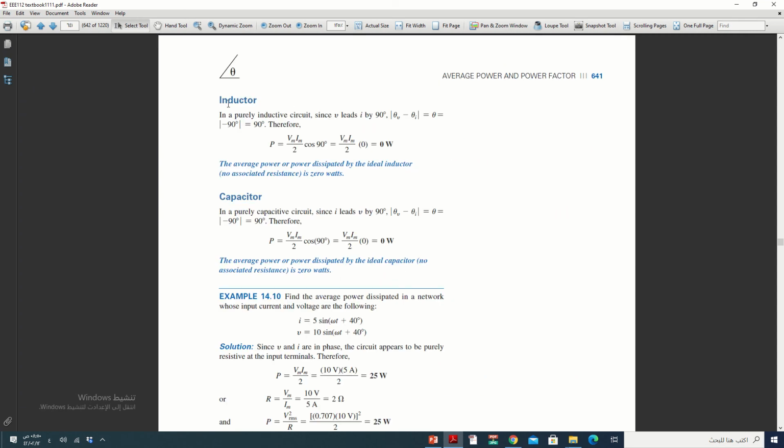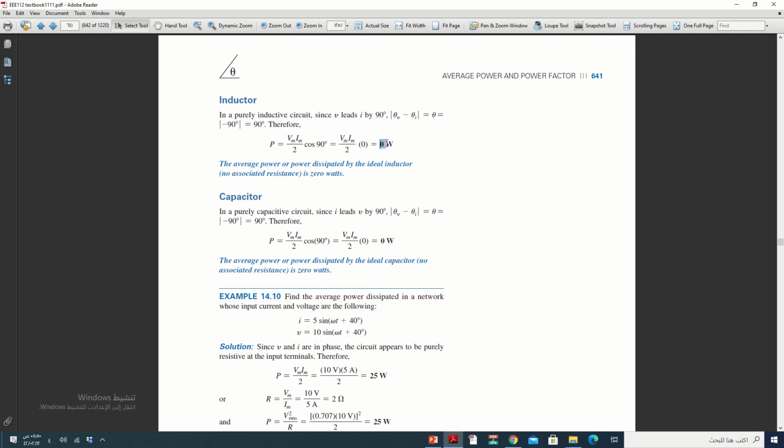What about the inductor? The shift between them, theta v minus theta I, is 90 or minus 90. This means cosine 90 is 0, and the whole term will be 0. There is no real power in the inductor.